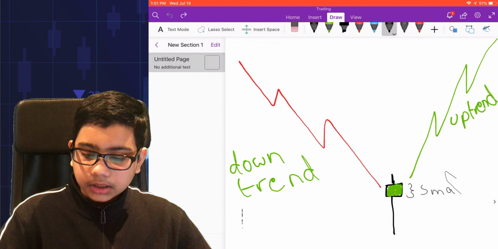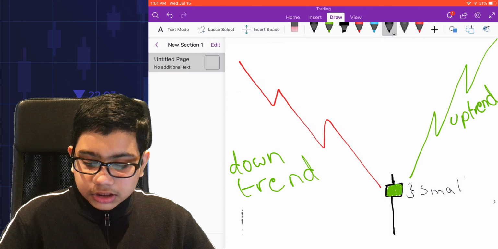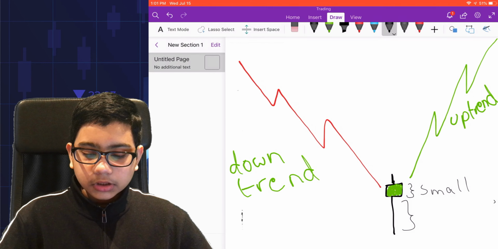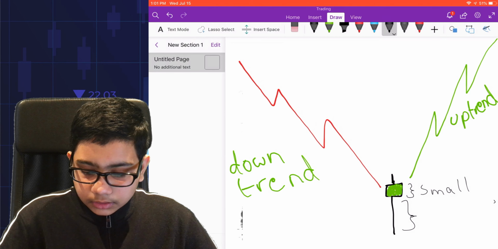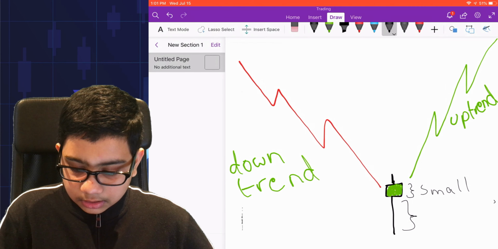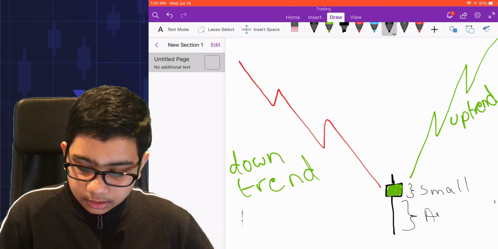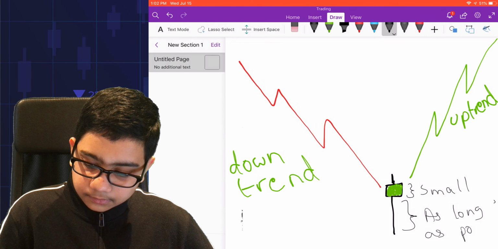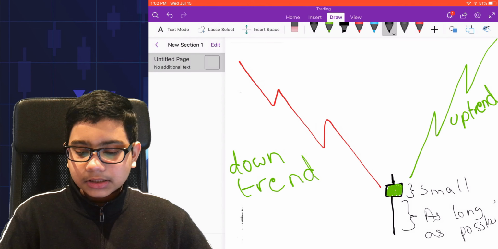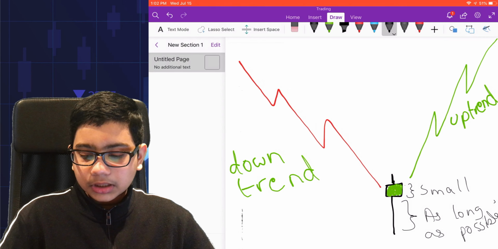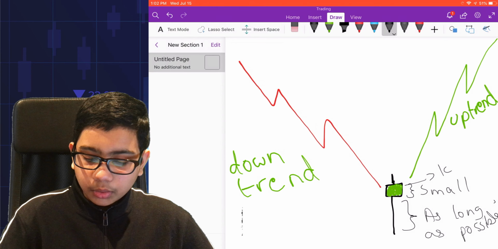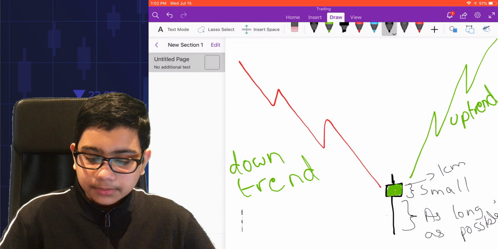It should have a small body, and its lower wick should be as long as possible, but at least, if the body, imagine the body being 1 centimeter, then the lower wick should be 2 centimeters.